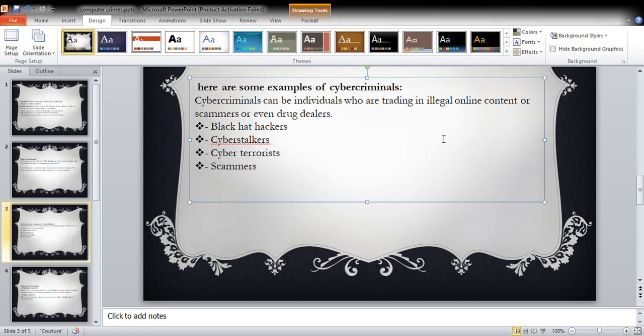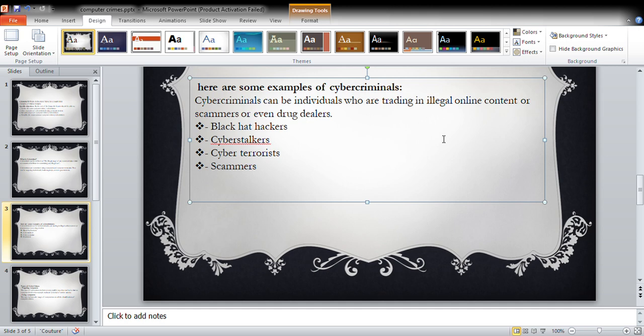Those scammers are examples of cyber criminals, whereby they create links and they send to you, and when you join those links, they benefit, but you don't benefit from them.